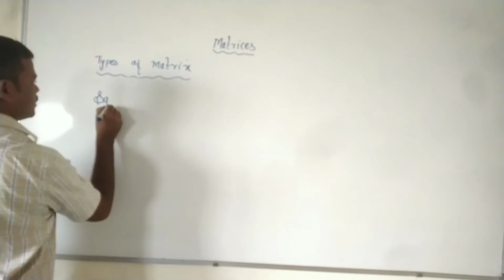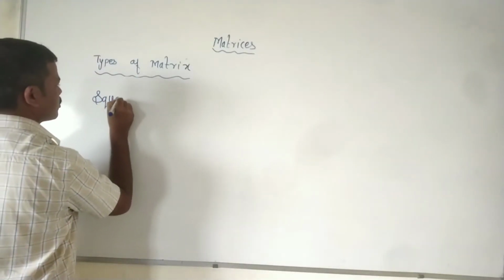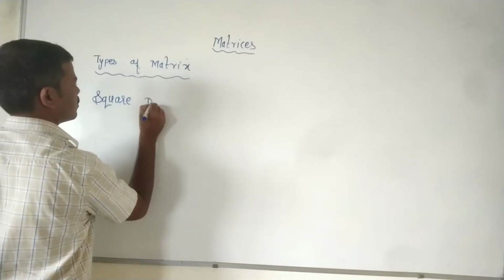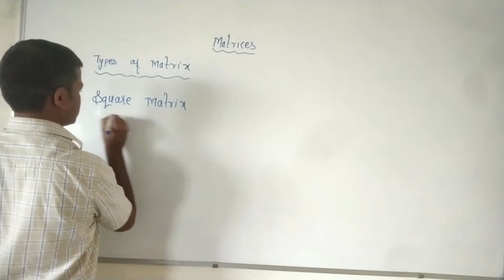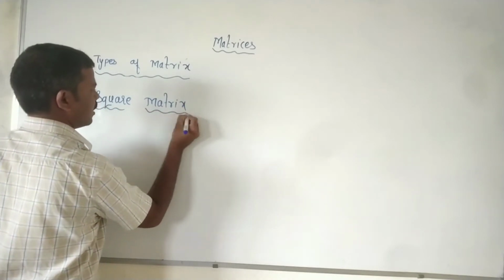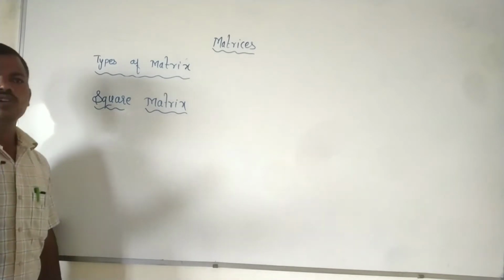So let me start, that is the square matrix. Square matrix means a matrix in which the number of rows is equal to the number of columns.